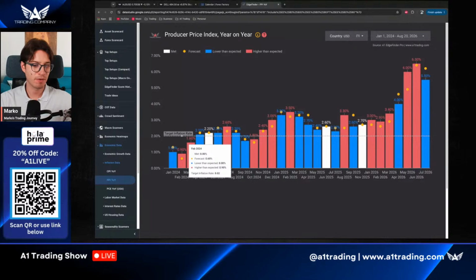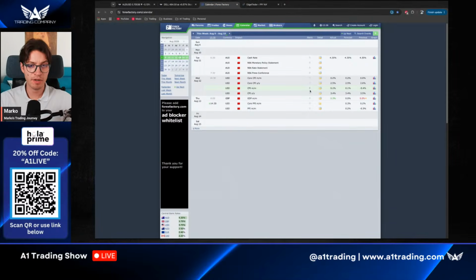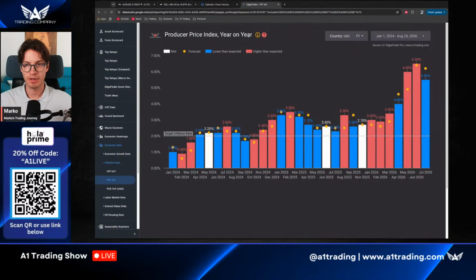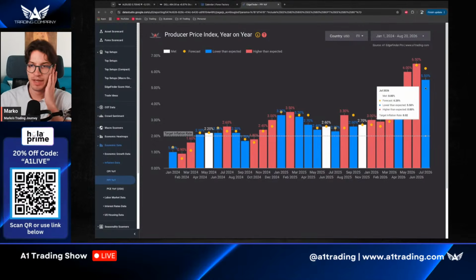Now you may get confused a bit with all of these inflation prints. There's year-on-year, there's month-on-month, there's a core month-on-month, core year-on-year, core PPI, regular PPI, year-on-year PPI. The one that I focus on the most is the CPI year-on-year and the PPI year-on-year as well. So the highest print was in June, 6.5%.